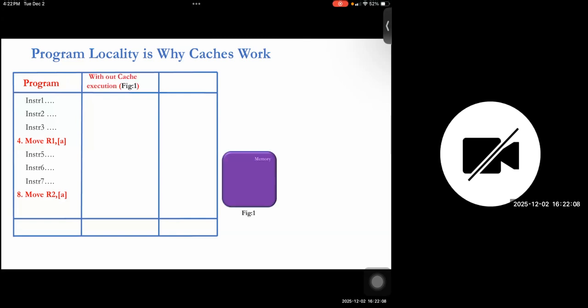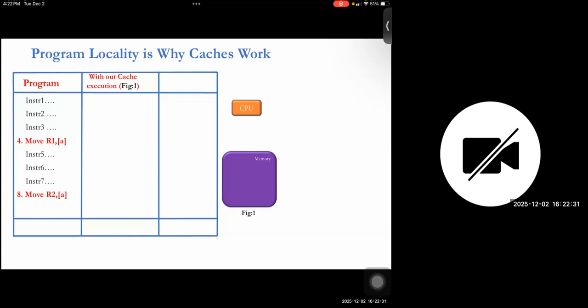Without cache memory, how is it accessed? This program will be loaded inside the memory unit. Then the CPU, at the program counter, issues the addresses of these instructions in a sequence for execution.